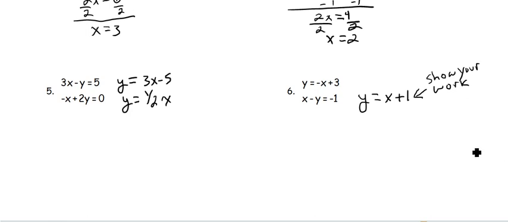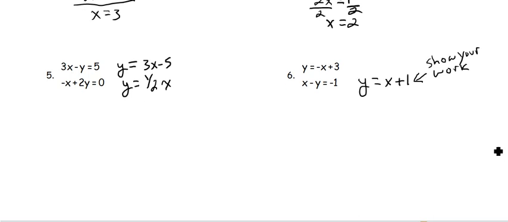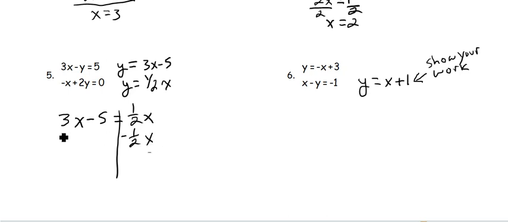All right, number 5. Once again, show all your work. Show me how you got this. All right, so I get 3x minus 5 equals 1/2 x. All right. So 1/2 is less than 3, so I'm going to subtract 1/2 x from both sides.